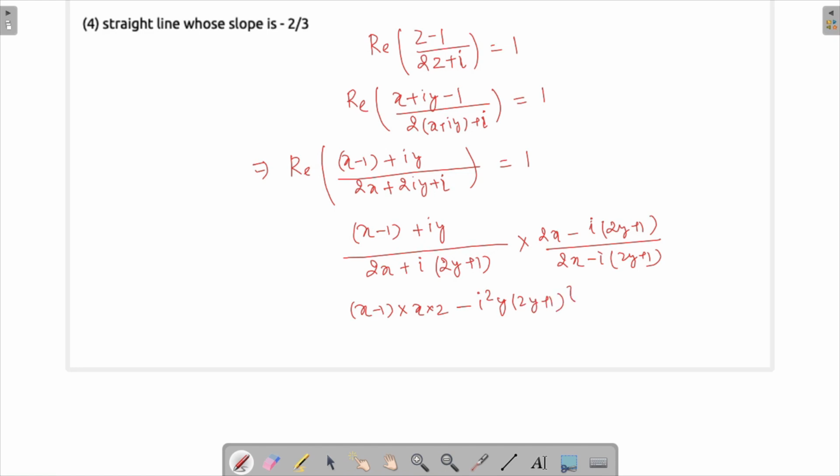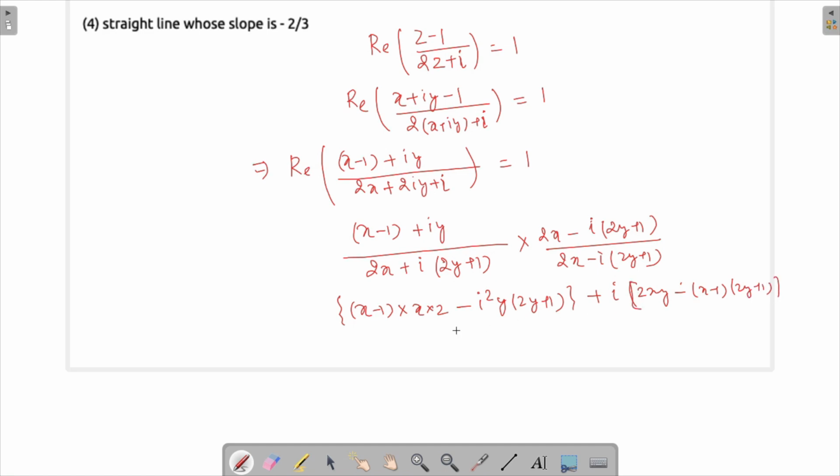And then of course, there will be something more, which is just the complex part, which is iy into 2x. So I can take i in common. This will be 2xy, and then minus (x minus 1) multiplied by (2y plus 1).